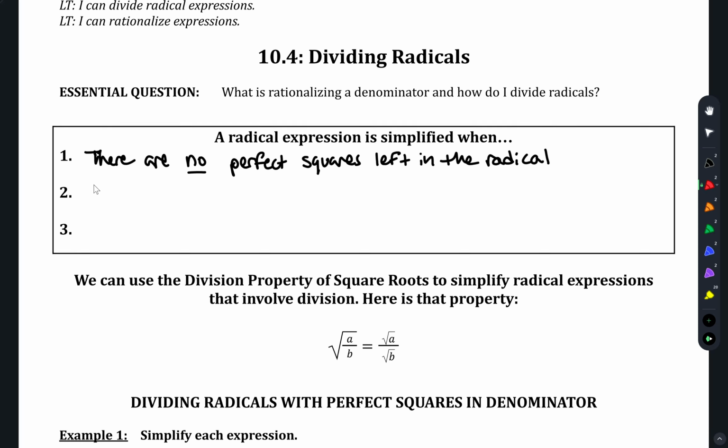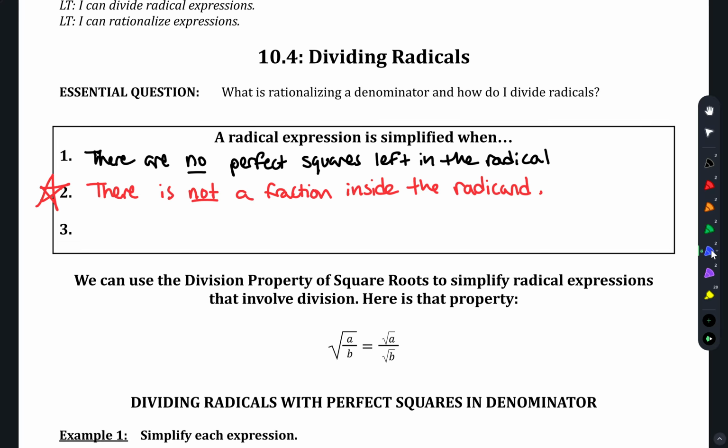The second one is, there is not a fraction inside the radicand, or the radicand is not a fraction. We're going to focus on this one first today.